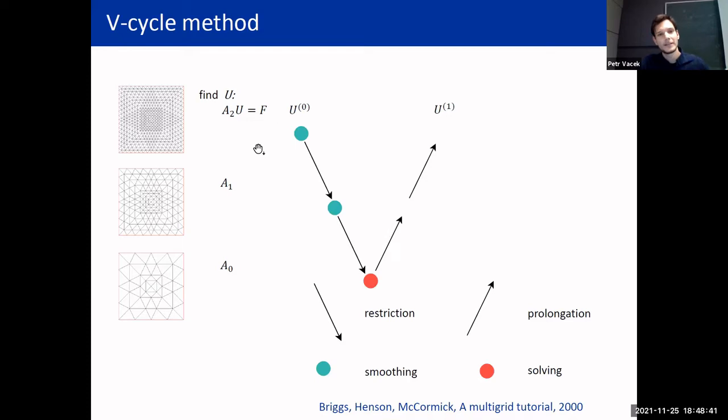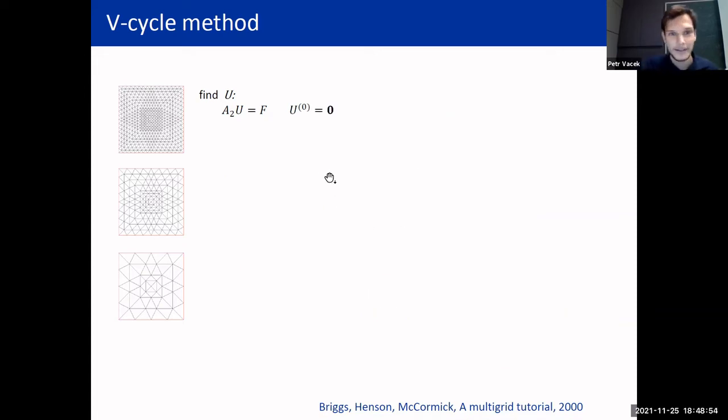The V-cycle method computes the approximation using smoothing on fine levels and by solving a system of linear equations on the coarsest level. Now I will explain it in more detail with illustration on the peak problem.